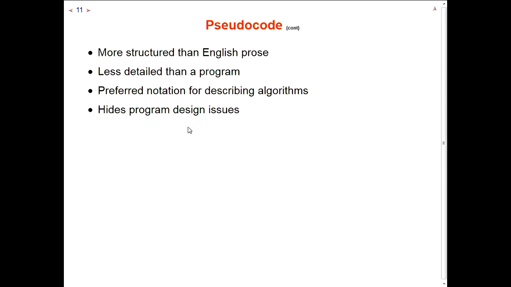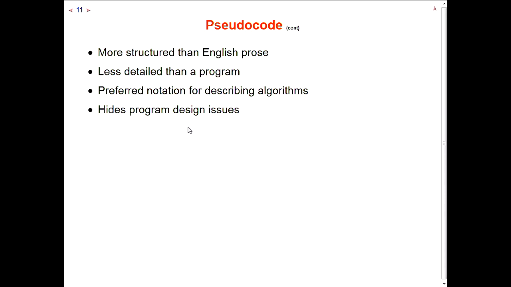Pseudocode is, on the one hand, more structured than English prose, as we can see, with those control structures, for example. On the other hand, it is less structured and less detailed than a program, so it lies somehow in between these two. It is, as I said, the preferred notation for describing algorithms in courses like this, in textbooks, but also when you work in a company, in a team of programmers, and you want to describe specific algorithms to each other.